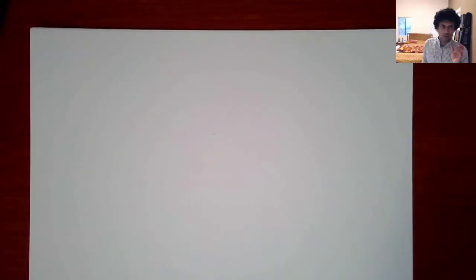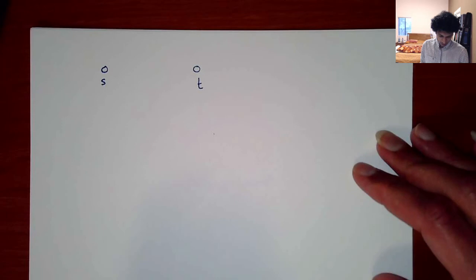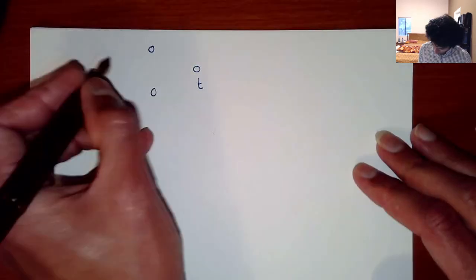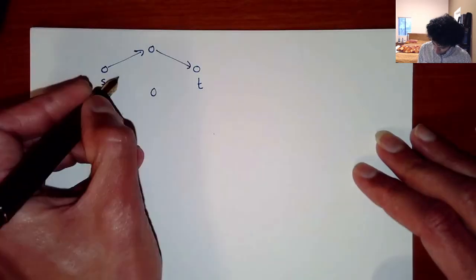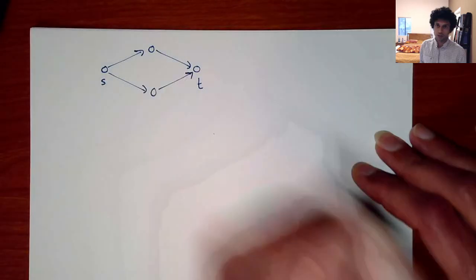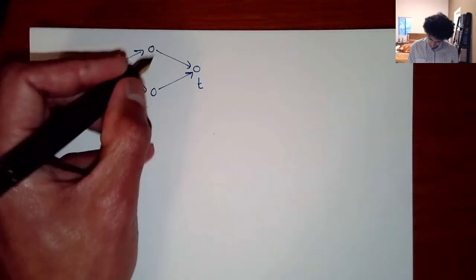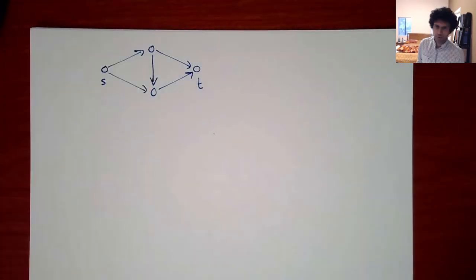So I'm going to draw a very simple network. And actually we'll see that this is a classic example as well. So suppose here are S and T, and I'm just going to draw these arcs. I'm going to put one arc over here.